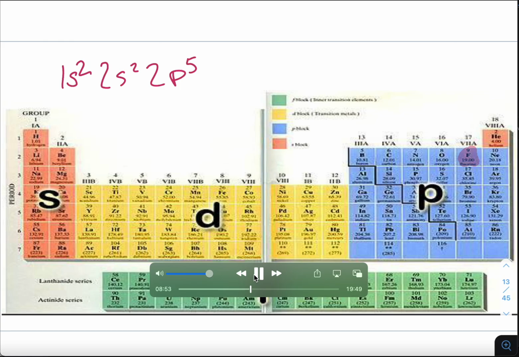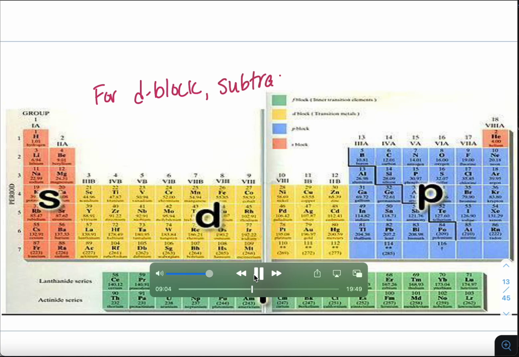There are a couple tricks to this little method. For the D block, subtract 1 from the period number.